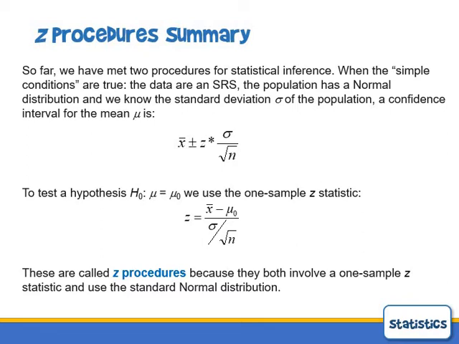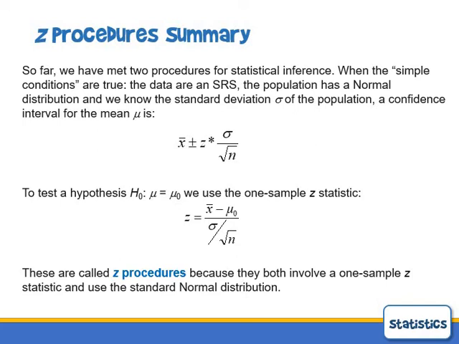And then in the last section, we looked at hypothesis tests. In particular, we looked at the z-test, where our null hypothesis was that mu was equal to some value, say mu sub 0, and then we had our alternative that could be a less than, greater than, or a not equal to. And in that case, you're computing a test statistic using x bar and then doing what's the probability that that would occur if the null hypothesis were true. So you're using your sample data to try to find evidence against the null hypothesis or not.